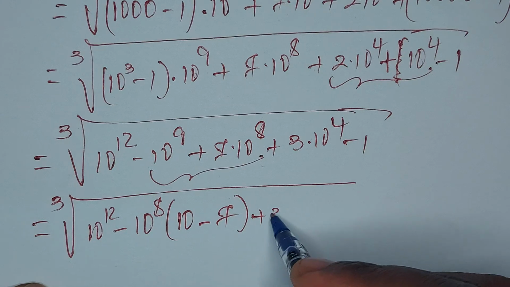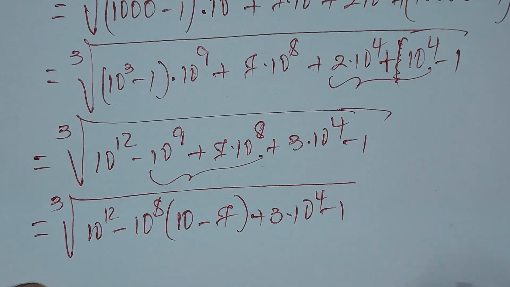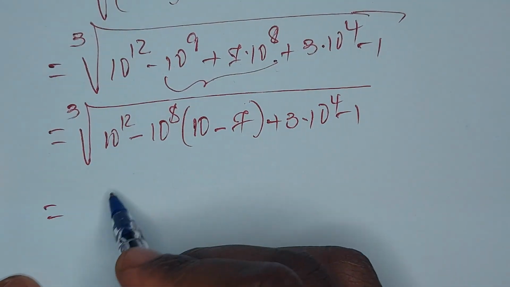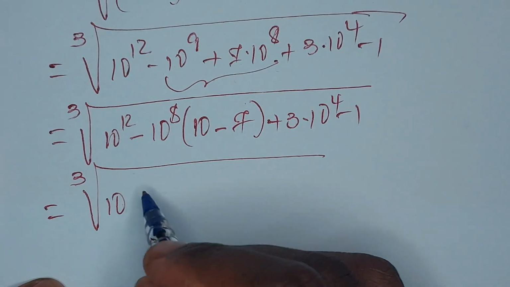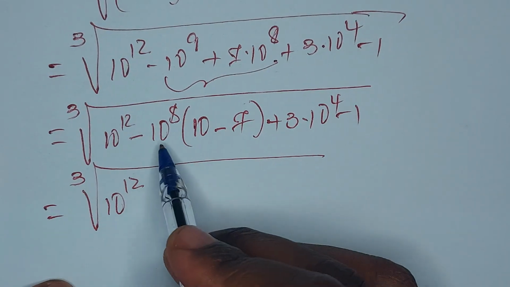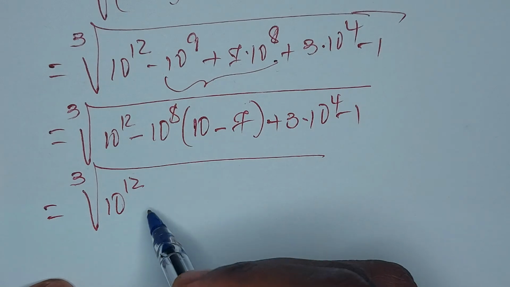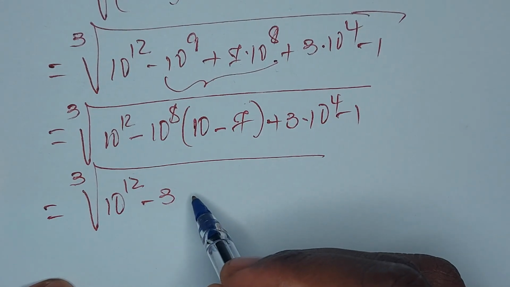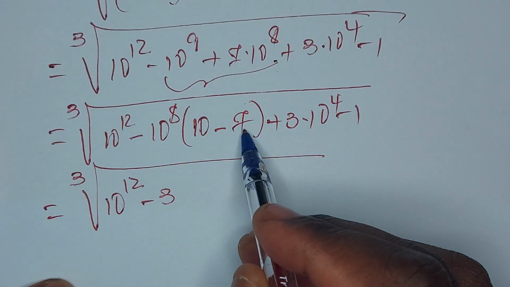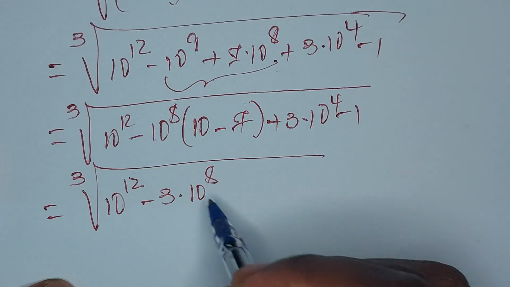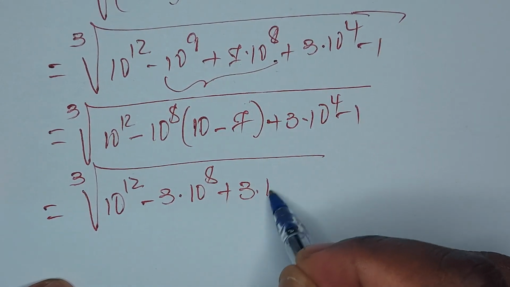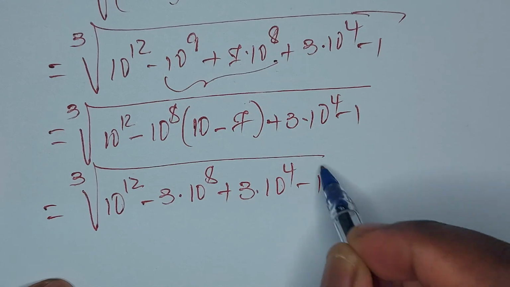I'm doing it step by step and it's going to take kind of long. So this one here, we're going to have minus 3, because 10 minus 7 is 3, times 10 to the power of 8. And then plus 3 times 10 to the power of 4 minus 1.